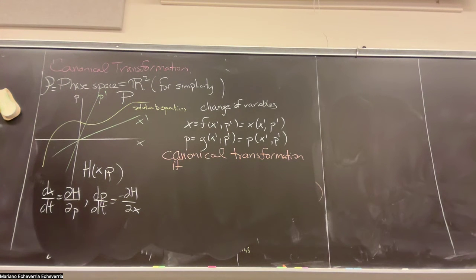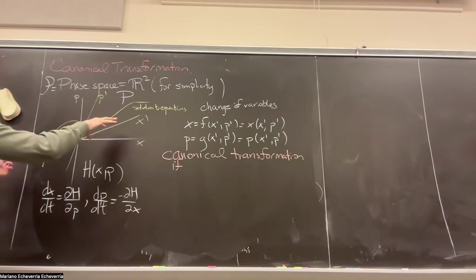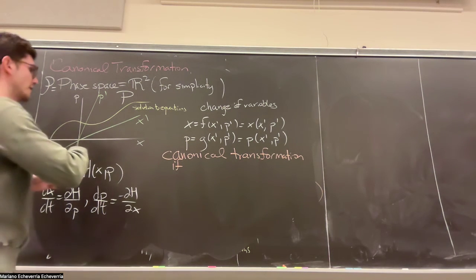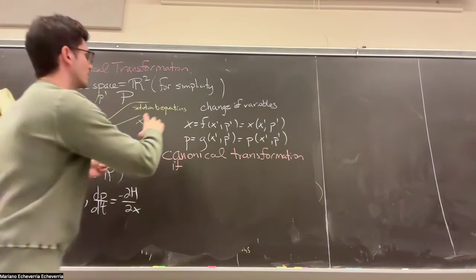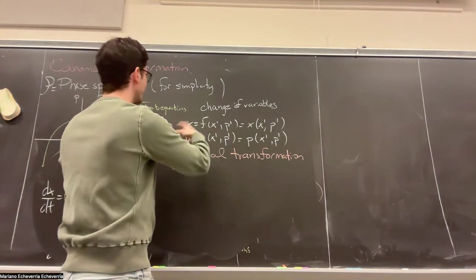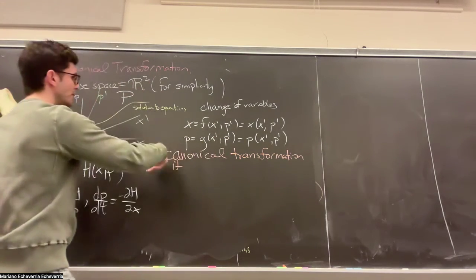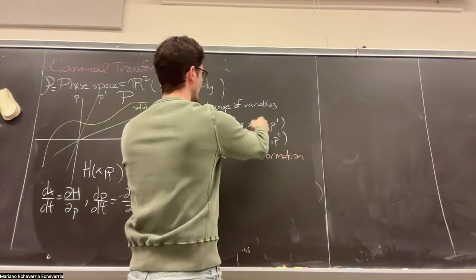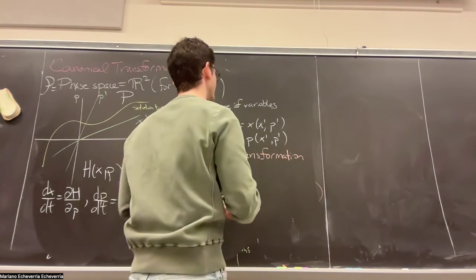There are a couple of interpretations of doing this, but the idea is that for a particular solution, x and p change over time. Because everything is invertible, x prime and p prime would change over time, etc.